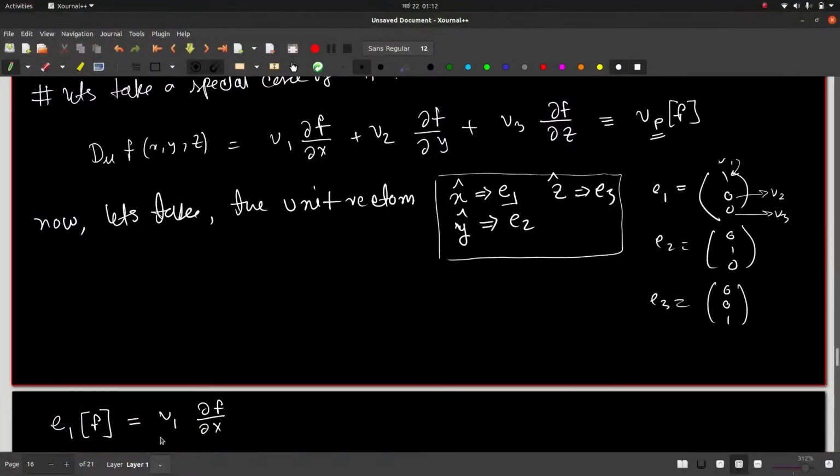Just like this. Instead of v1, you would just write 1. We usually don't write the multiplication of some object with 1.